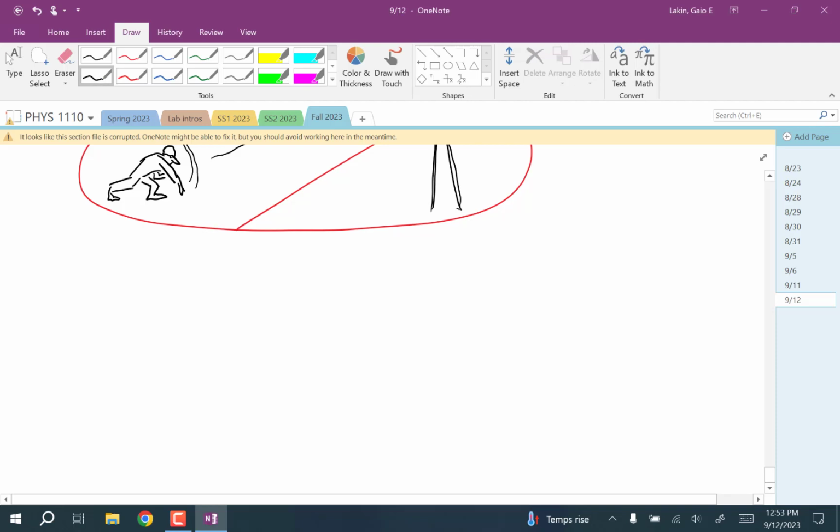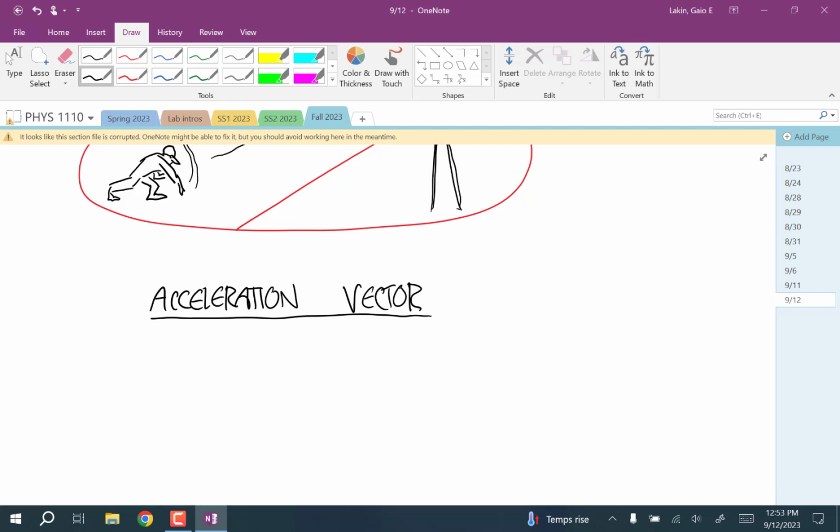Okay, so now that's it. Now we have to talk about the acceleration vector. So the velocity is measuring how quickly the position is changing. The acceleration is measuring how quickly the velocity is changing.